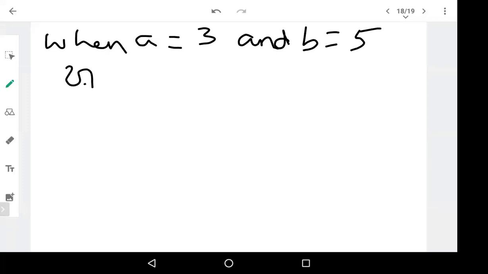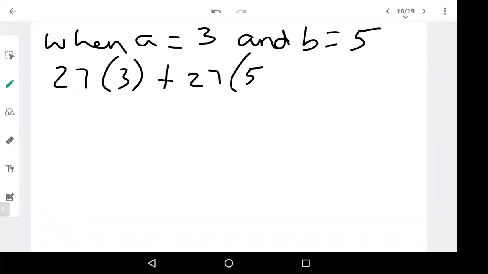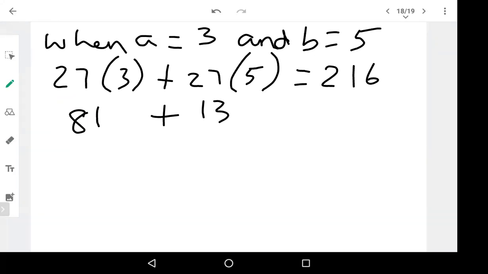When a is equal to 3 and b is equal to 5, 27 into 3 plus 27 into 5. So what is 27 into 3? 81, plus 27 into 5 is 135.